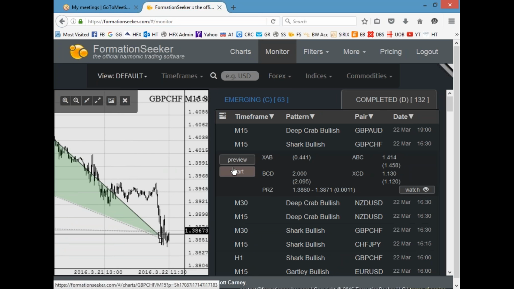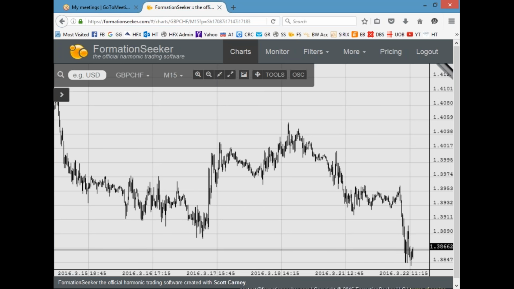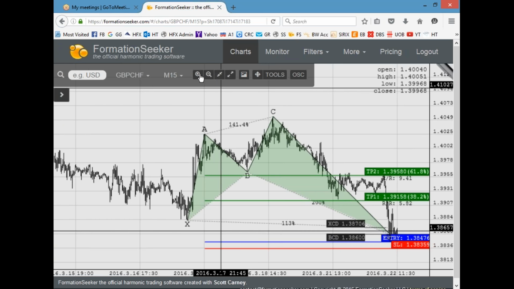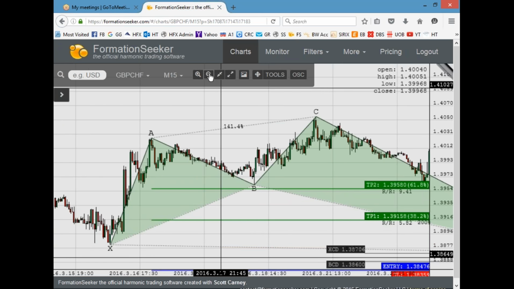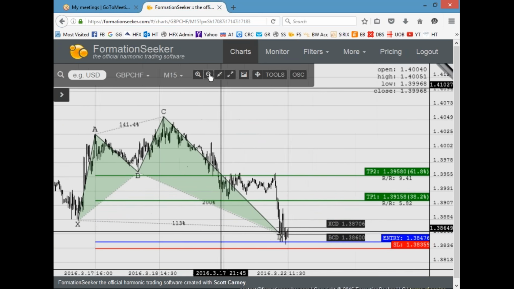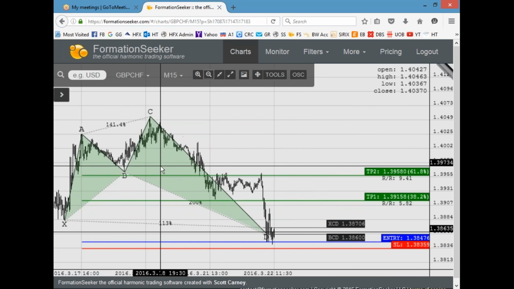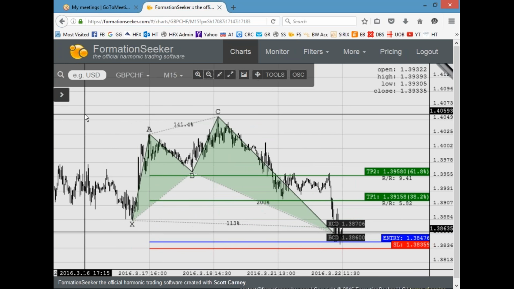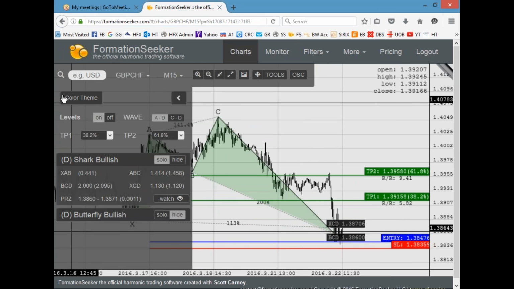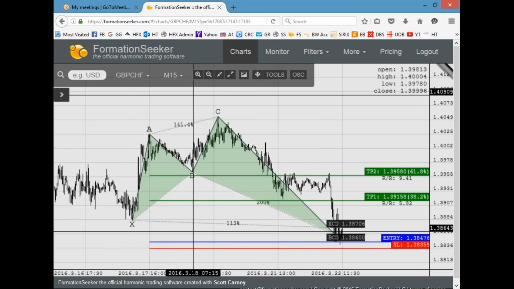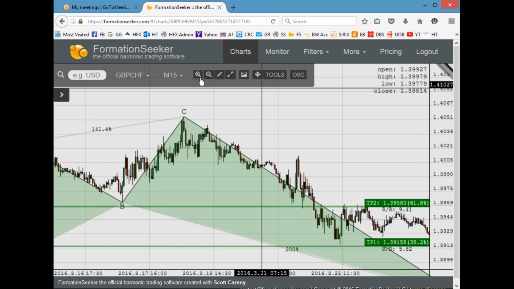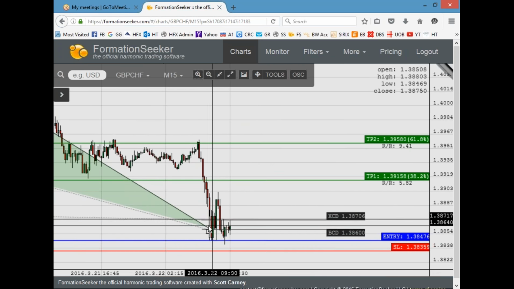Or you can say chart, which is to go to the chart and start seeing this pattern being created. Okay, so can you see that this is a shark pattern? It's a shark pattern, and you can see at the confluence zone there is some reaction here.